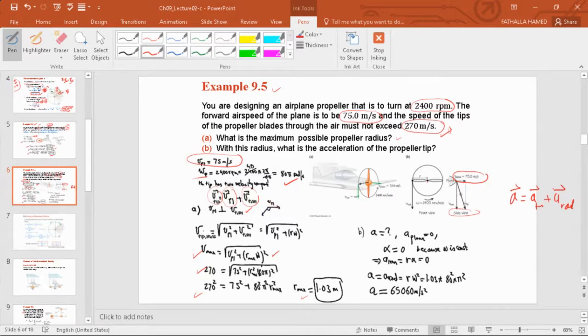Now, in our case here, they tell us it is moving with 2,400 RPMs. It's constant. So that will give us alpha equal to 0. And you know that your A tangential should equal R alpha. But since alpha is equal to 0, that will equal 0. So your A here will just equal the A radial.